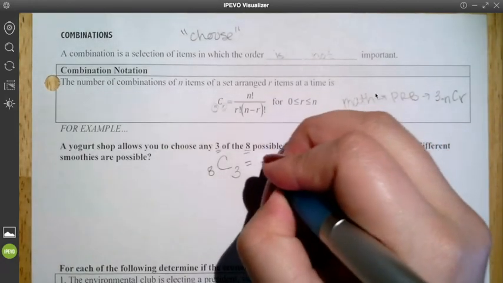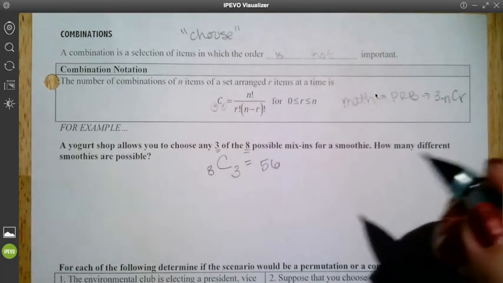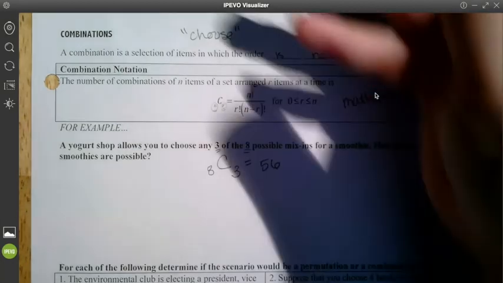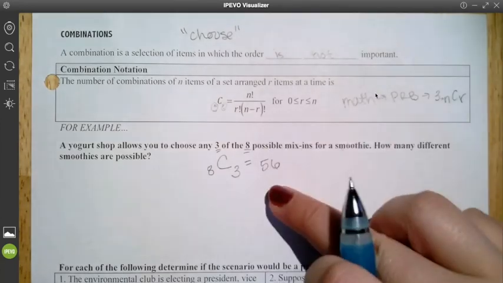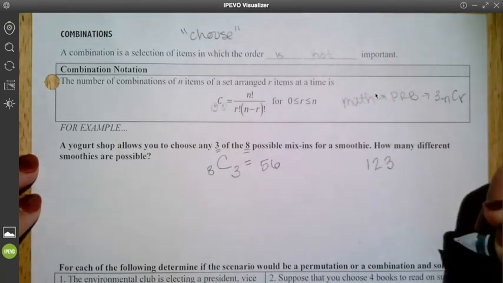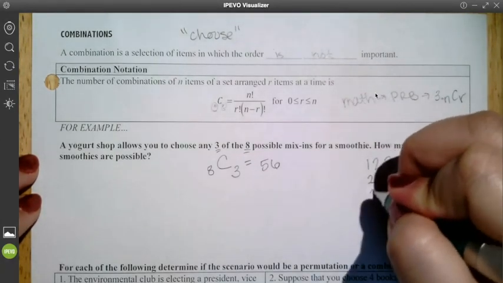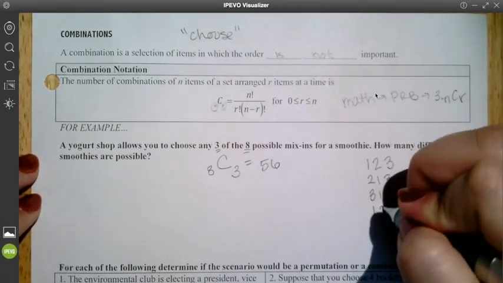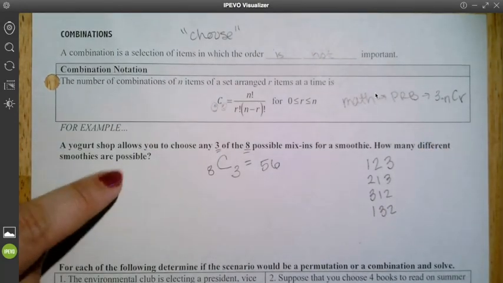And that is 56. Now you'll notice this is a much smaller number than when we did 8P3. We just did 8P3 was 336, 8 choose 3 was 56. Why is that? If I choose 3 things in a combination, it doesn't matter what order they're in. So 2, 1, 3, 3, 1, 2, 1, 3, 2, all of these are the same choice for a combination.